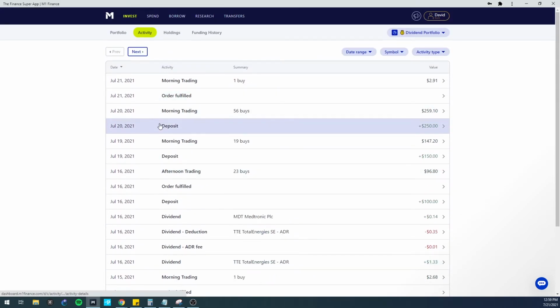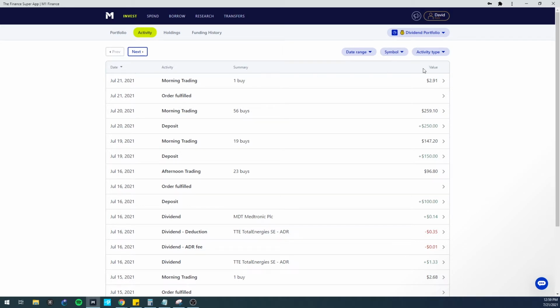So this is portfolio specific, along with the holdings. I went over holdings last video, but holdings is also portfolio specific. With activity, you can see here, it does automatically organize it by the latest date.